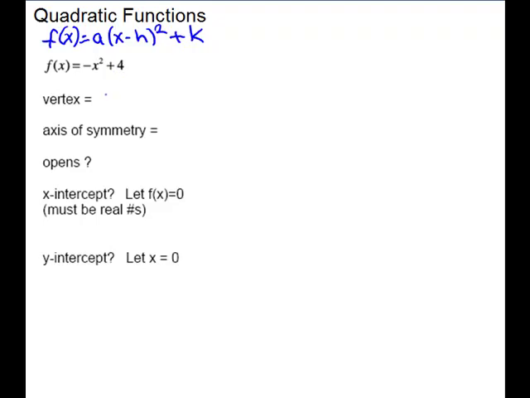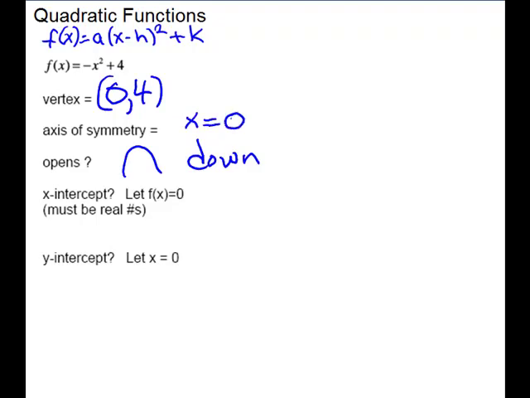So our vertex is going to be 0, 4. All right. Our a is -1 on this one, so it's going to open down. Our axis of symmetry is going to be x equals 0. So this one's going through the y-axis.